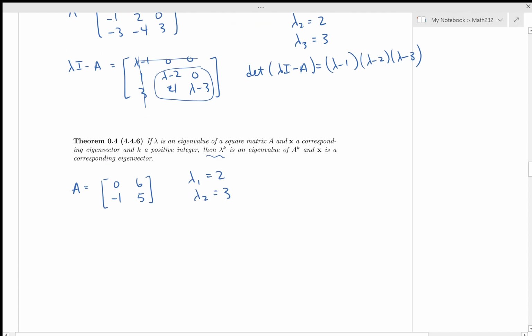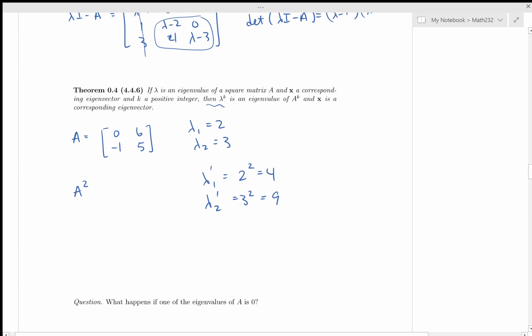Now the claim is that if I take, for example, A squared, then without any further work I could say that lambda 1 for this new matrix, let me call that prime, would be 2 squared, which is 4, and lambda 2 prime would be 3 squared, which is 9.